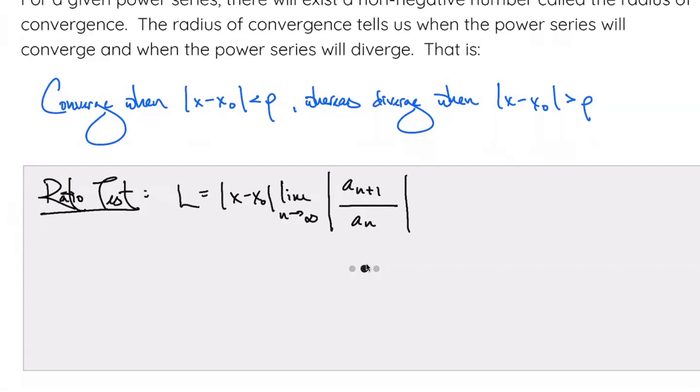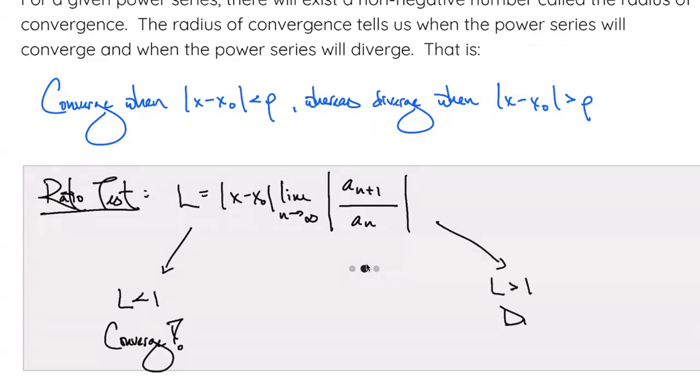So if we get L is less than 1, we have convergence. If you have L is greater than 1, you're going to have something diverge.